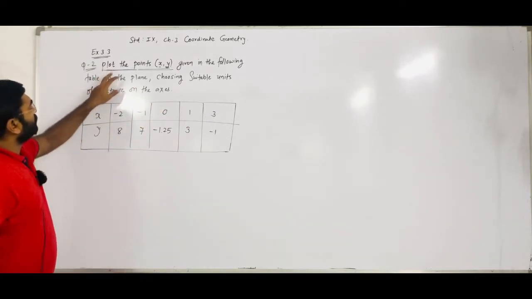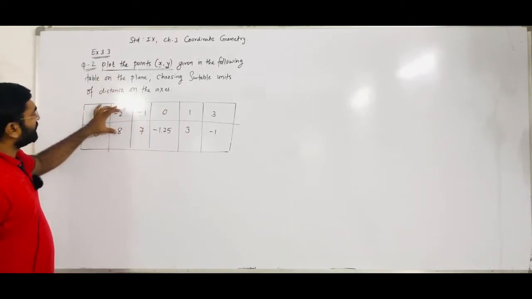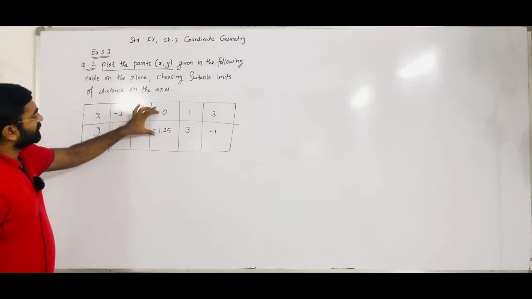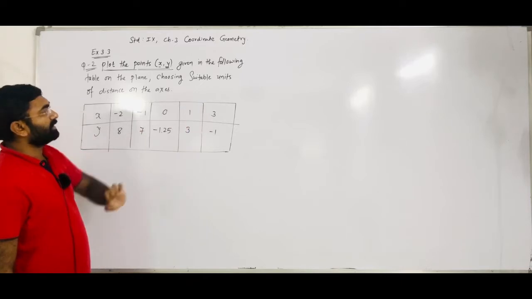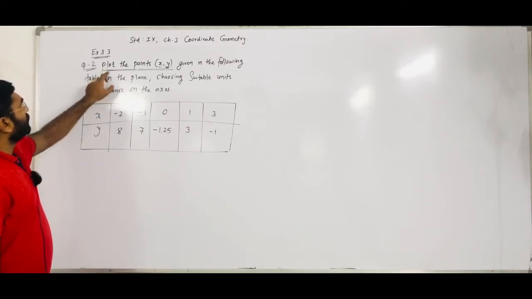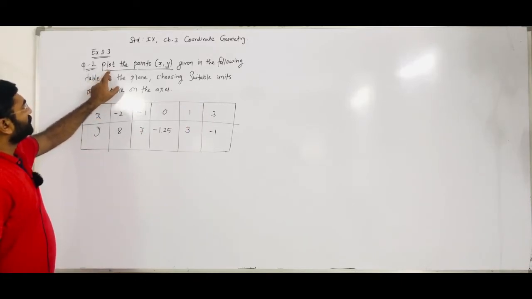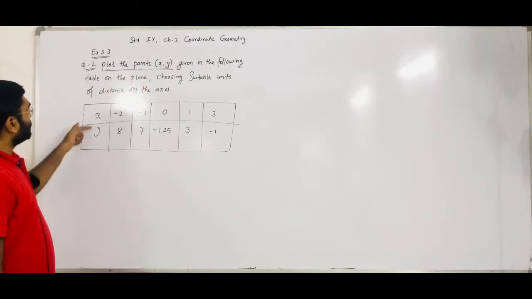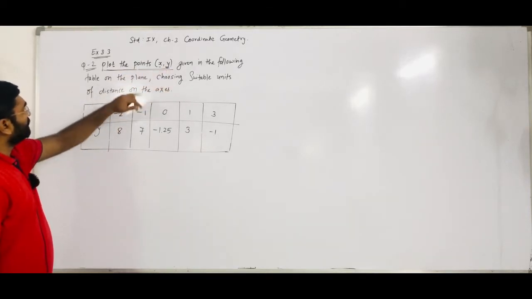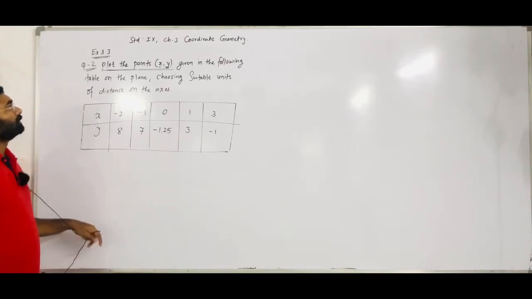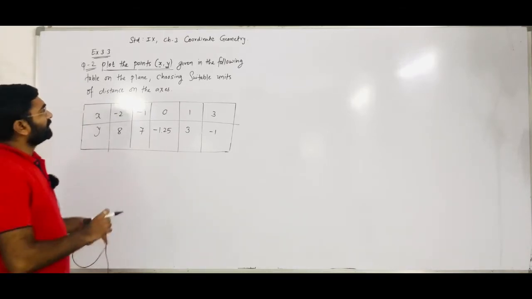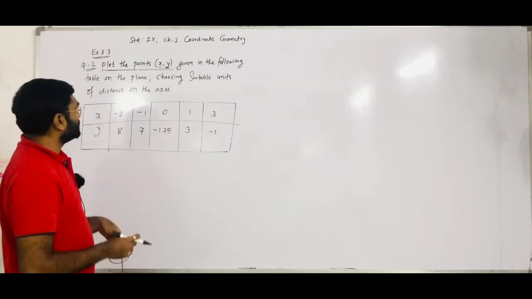The points given are: first (-2, x), second (-1, 7), third (0, -1.25), fourth (1, 3), and (3, -1). All those points we have to plot, right? So plot the points given in the following table on the xy plane, or you can say the Cartesian plane, and you can take suitable units of distance on the axis.